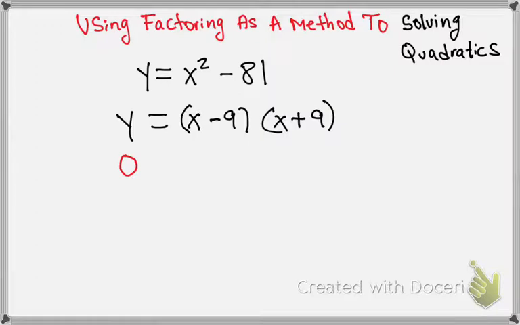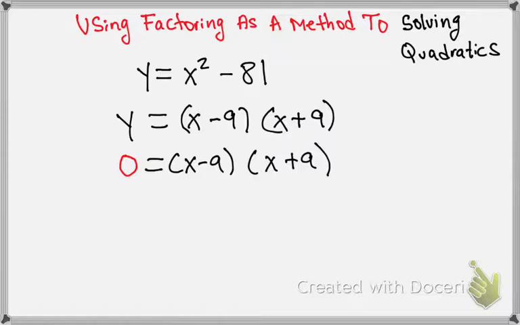I'm just going to rewrite the rest of my equation because we know that y is equal to 0 when I'm going to start solving. But I'm not going to start solving yet. We just know that y is going to be equal to 0. Now here's something very interesting I want you to pay attention to. We know that y is equal to 0, so this whole equation is equal to 0.